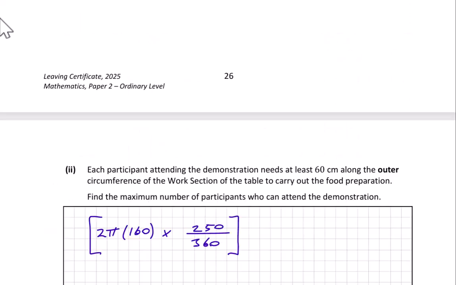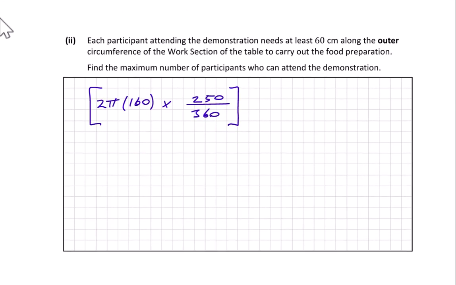Now, it says in the question that each person needs 60 centimeters. So what I've got to do is divide this by 60 to see how many people will actually be able to work on the workstation.